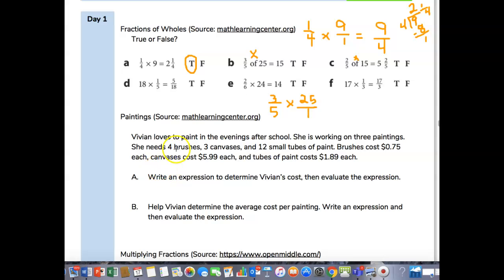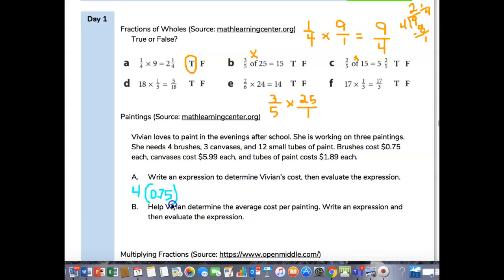All right, well, let's take a look. Vivian needs 4 brushes. Now go over here. Brushes are 75 cents each. So we're going to write 0.75, 75 cents each.